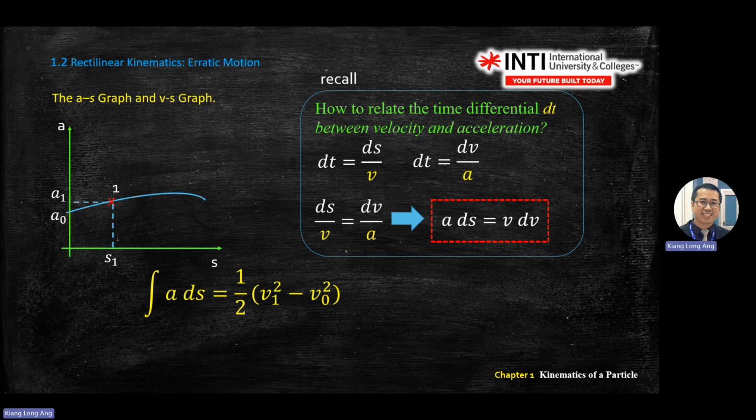So what you do with this procedure is move the A outside. Then you substitute the limits here, L1, L2, for example.